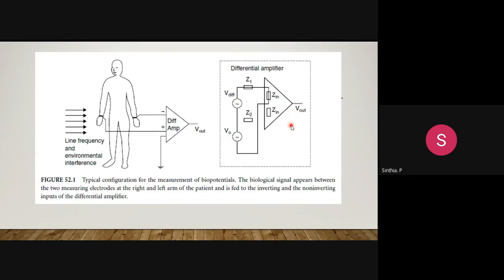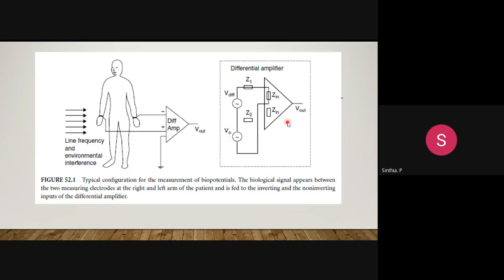So the differential mode gain and the common mode gain should be in the proper ratio, or we can say the common mode signal should be completely rejected. But practically it is not possible.